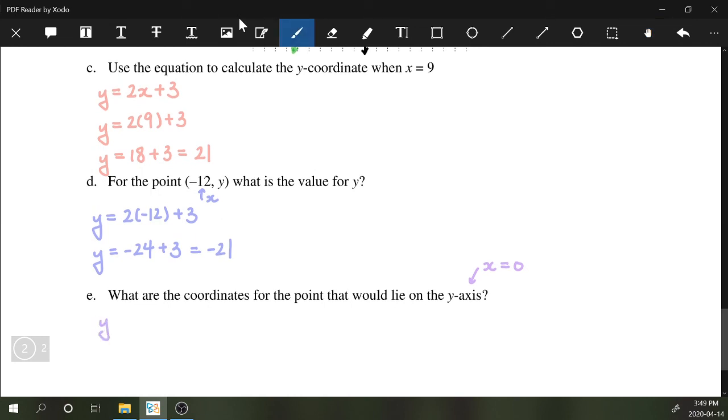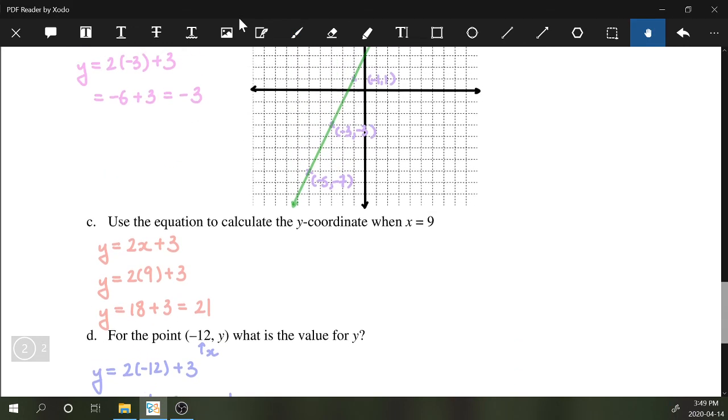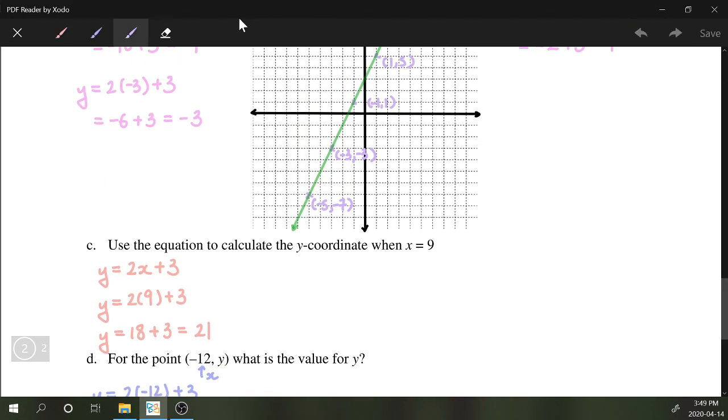So we can simply go y equals 2 times 0 plus 3. That would be 0 plus 3, which of course is just 3. So the coordinates of the point, which is the answer to the question, would be 0, 3. And if you scroll back up to where the graph is, you can see that the point 0, 3 is on the graph.